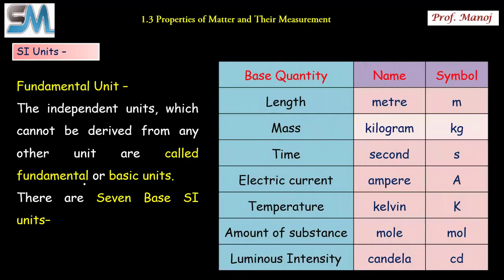There are 7 basic SI units considered, and they are: length, unit is meter; mass, the unit is kilogram; time, once again second; electric current, ampere; thermodynamic temperature, Kelvin; amount of substance, mole; and luminous intensity of light, candela. In chemistry, we are concerned almost with the first 6 types of units. Luminous intensity is not much required in chemical calculations.